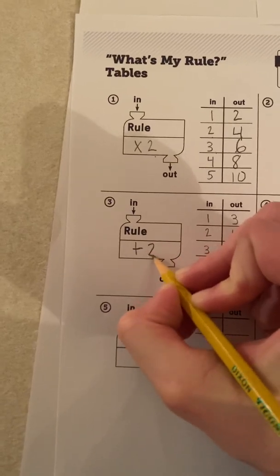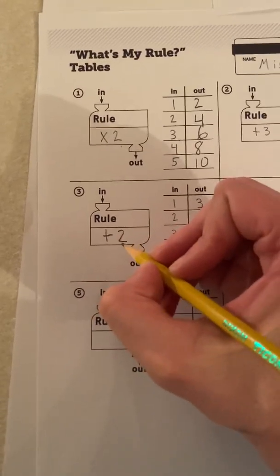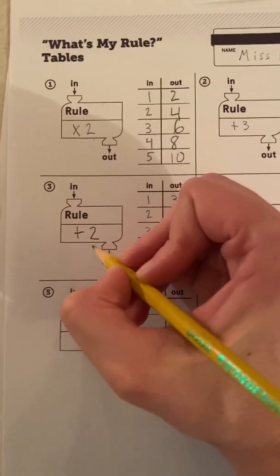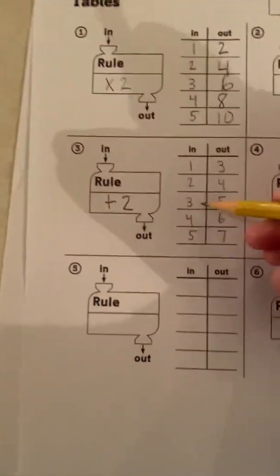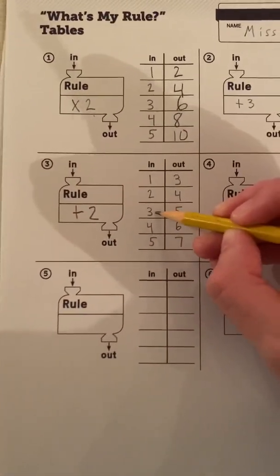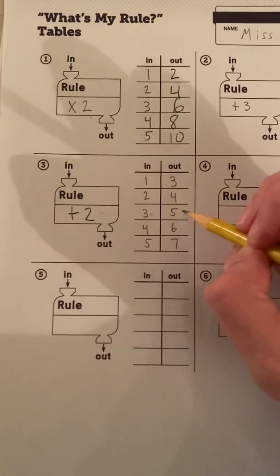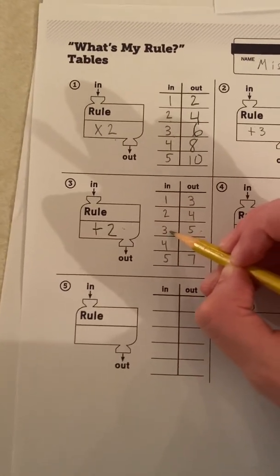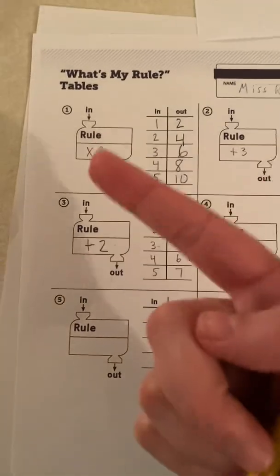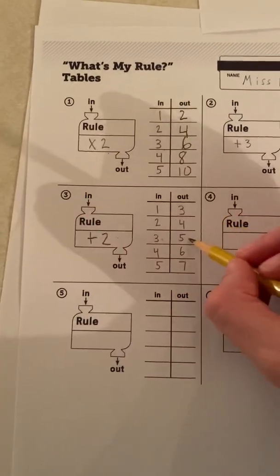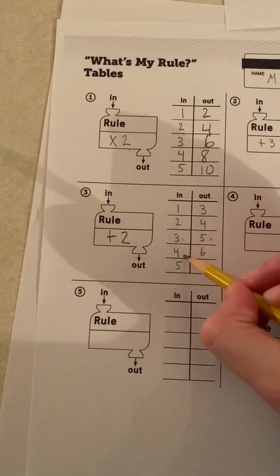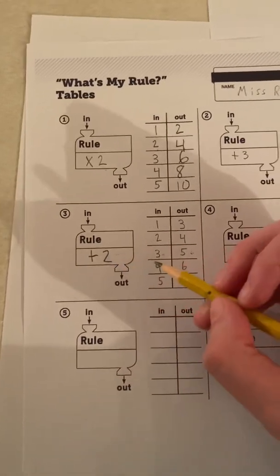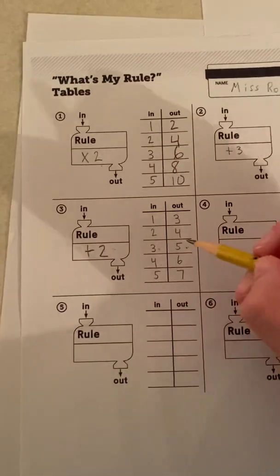So I'm going to write that down, but I want to check to make sure it works with all the numbers. So let's try it with the 3. 3 plus 2. Will that equal 5? Let's figure it out. 3 plus 2, 3, 4, 5. Yes. How about the next one? 4 plus 2, 4, 5, 6.